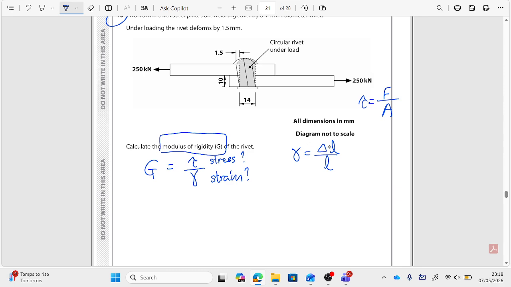So delta L must be 1.5 over, well, to move it to the left or to the right, it's all related to how long this rivet is. The longer it is, the easier it's probably going to twist like this. So L in this case is the length originally there, so it's actually 20, that's 10 and a 10.